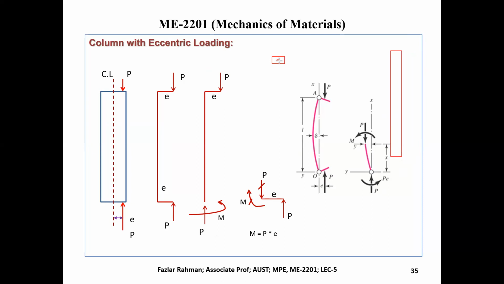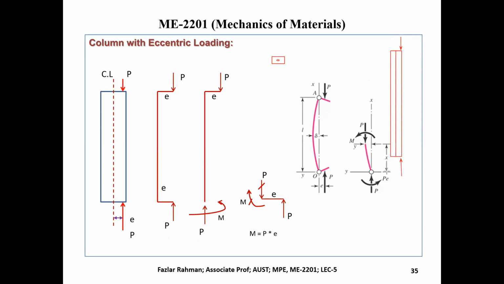But if the load is not going through the CG of the body, say at the midpoint along the longitudinal centroidal axis, right over here. Now if the load is working right at this point, and the bottom has a support, the reaction will be upward, at the same point.